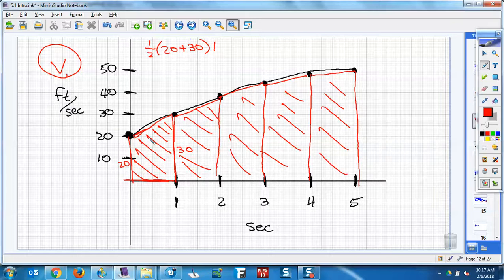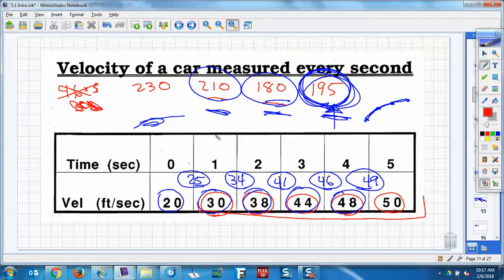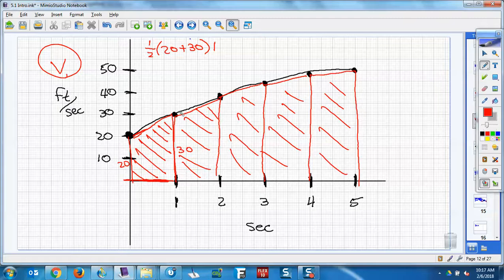All right. So anyway, these trapezoid areas are just the averages in between there. But the second, third day of class, we talked about how the area underneath a velocity curve was the distance we traveled, right? The area under a velocity curve was the distance we traveled, okay?